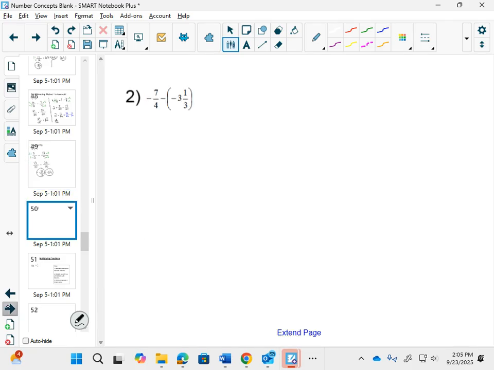This is gonna be... Subtracting a negative is the same as adding. 3 1/3, 10 pieces. Common denominator would be 12.